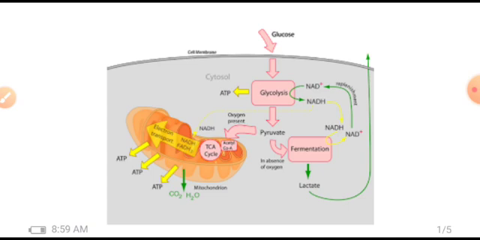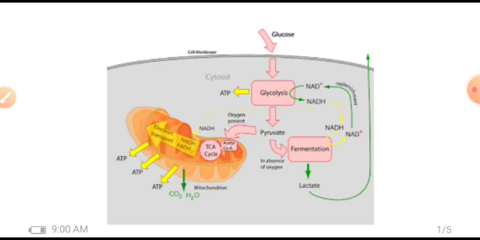Glycolysis converts the glucose, producing NAD plus and NADH. NAD means nicotinamide adenine dinucleotide, and NADH is the hydrogen form.